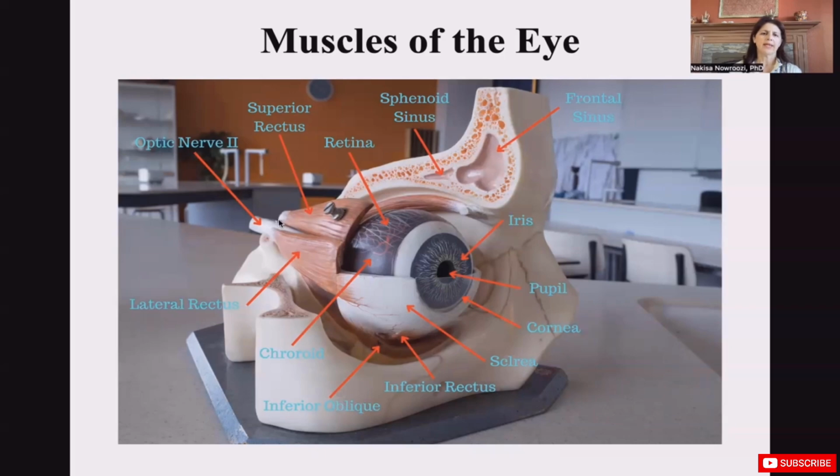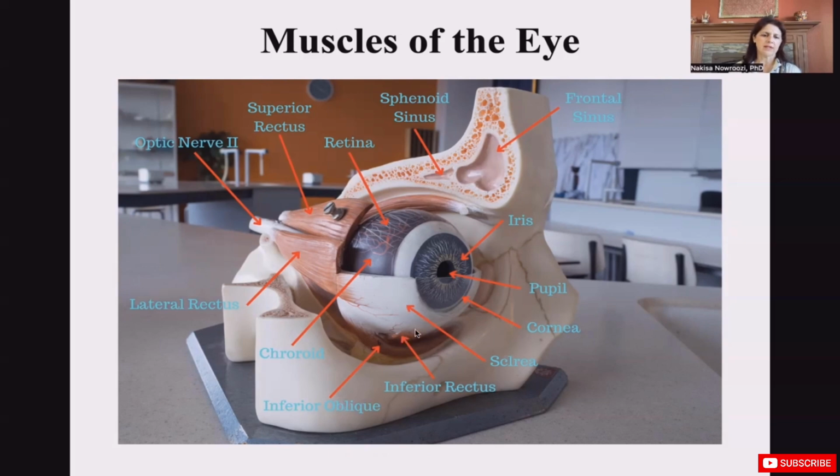Here again, we're looking at the muscle of the eye. Superior rectus is shown, lateral rectus is shown, and here we see frontal sinus, sphenoid sinus, and this is the optic nerve 2. Here we're looking at pupil, iris, cornea is the clear cover, the sclera.